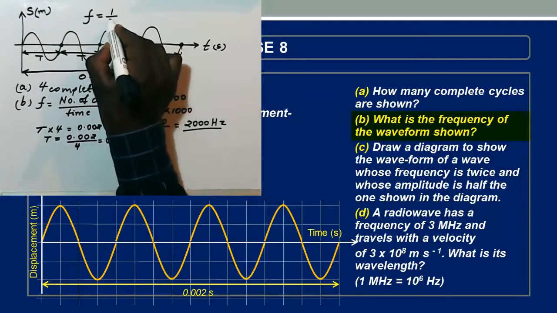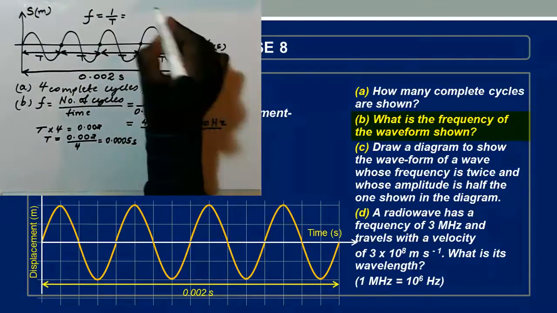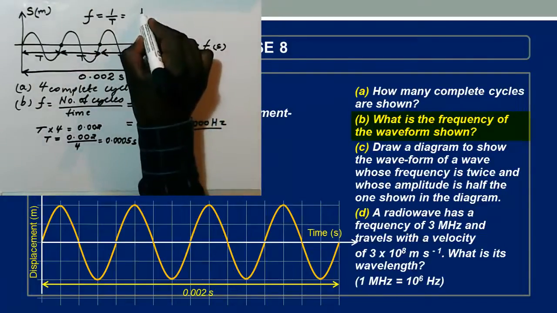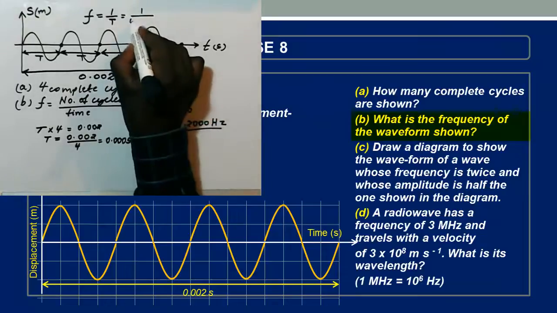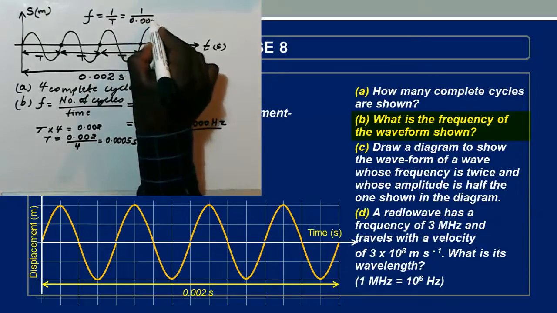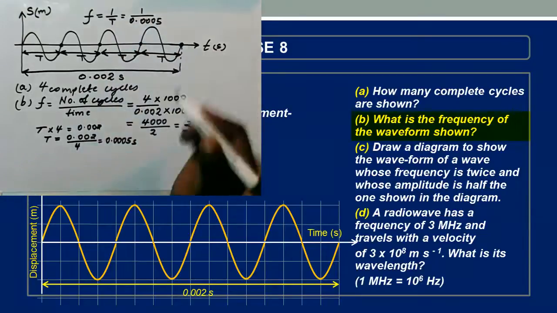Then we can get the frequency by using this equation. Frequency is equal to 1 over periodic time, and this will be 1 over 0.0005.